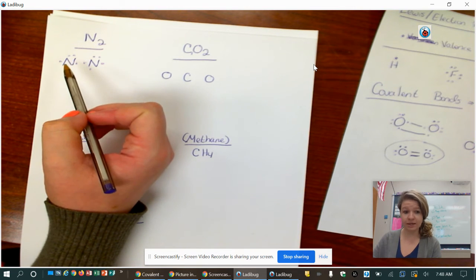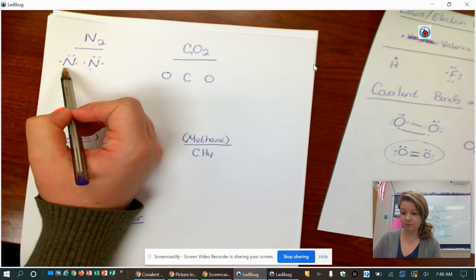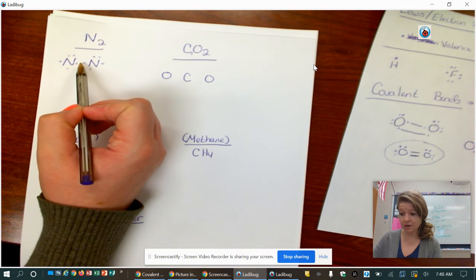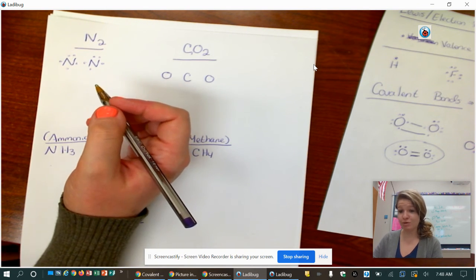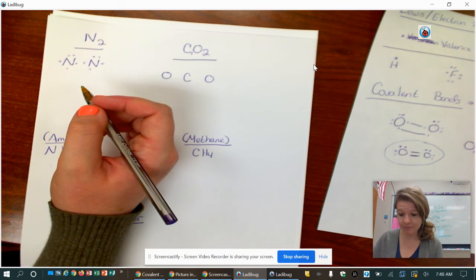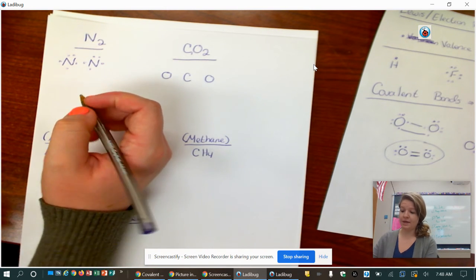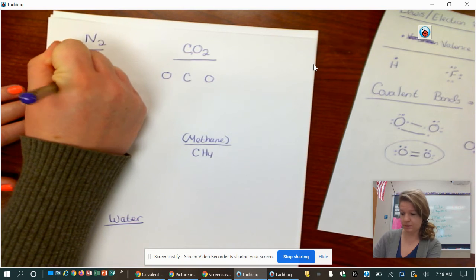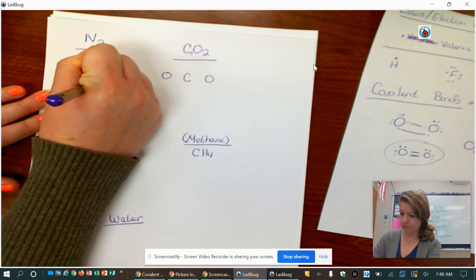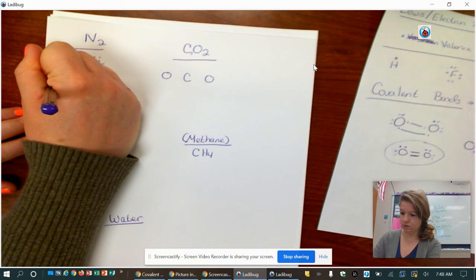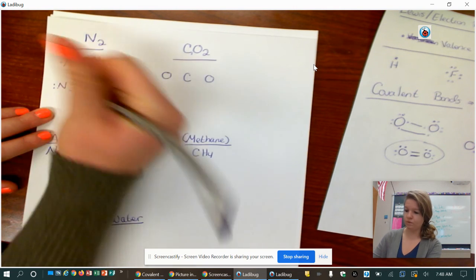It needs 8 electrons. We need 3 more electrons to make us happy. So we're going to do a triple bond. So we simply take nitrogen here, 1, 2, 3.